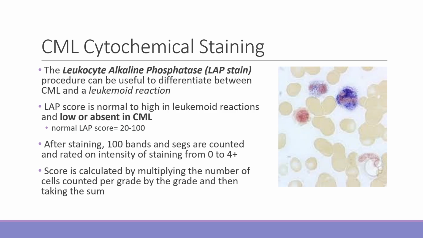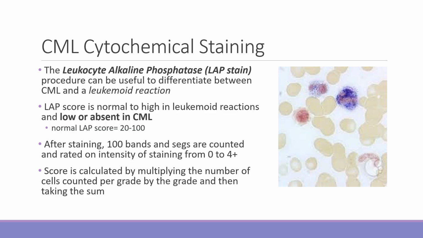A leukemoid reaction is essentially a physiological response to infection or stress. That can include an increase in the white blood cell count overall, but specifically the myeloid white blood cells. And this reaction to stress or infection can mimic a leukemia.